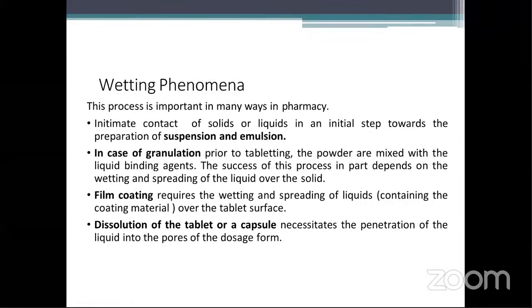These three types of coating are possible. So in cases of film coating, it requires the wetting and spreading of the liquid over the tablet surface. Okay, so this is all about where wetting is applied.